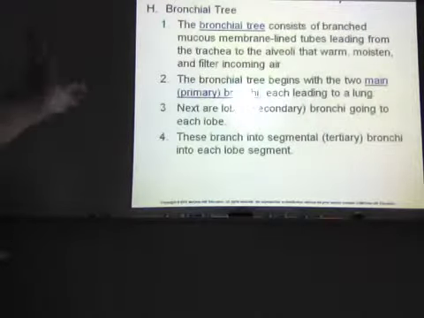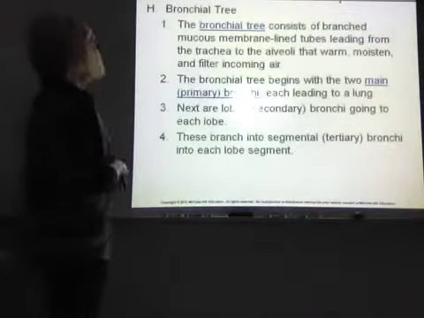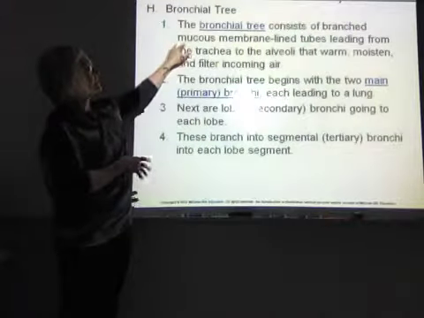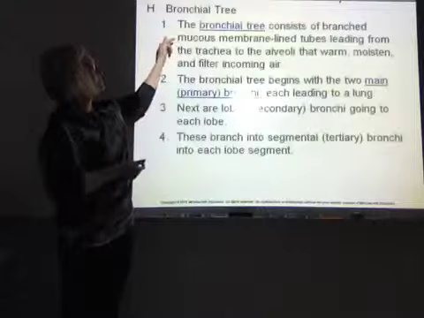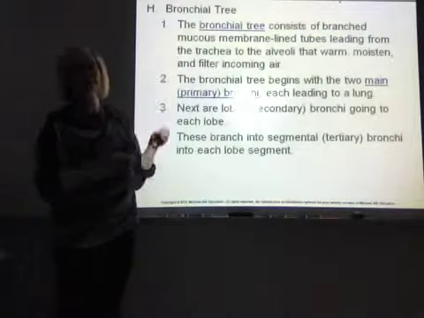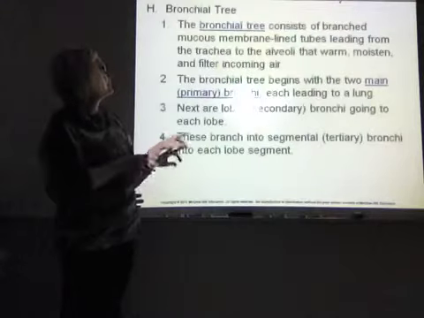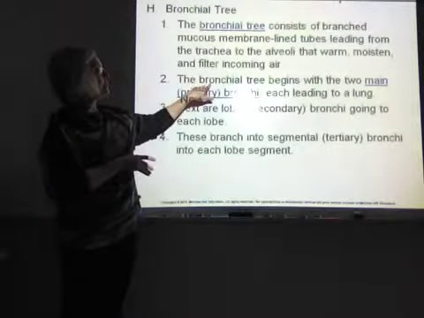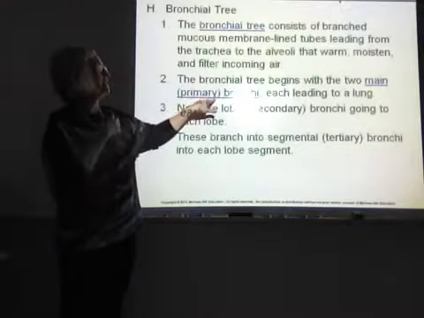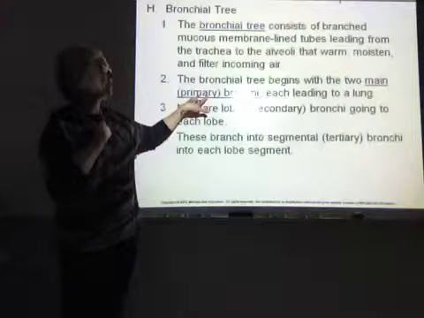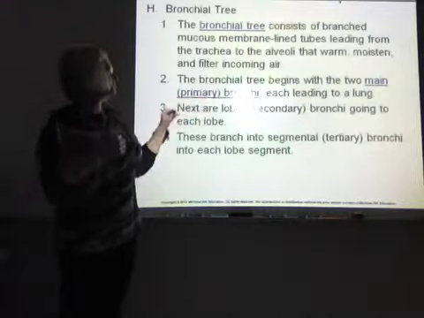So when I put all of that together, we call it the bronchial tree. The bronchial tree consists of those branches of tubes that lead from the trachea to the small little pockets called alveoli. When we talk about the bronchial tree, it starts with the two main bronchi, primary bronchi, that lead to each lung.